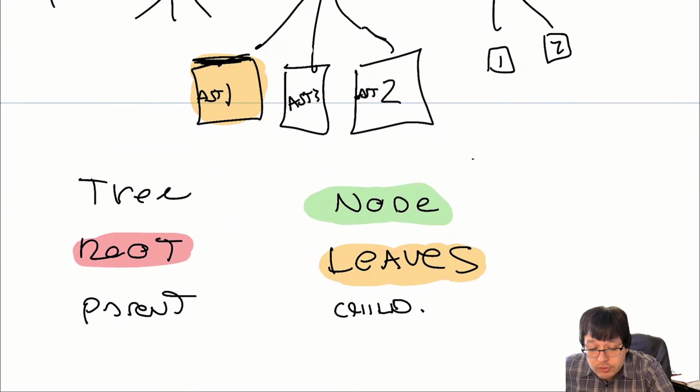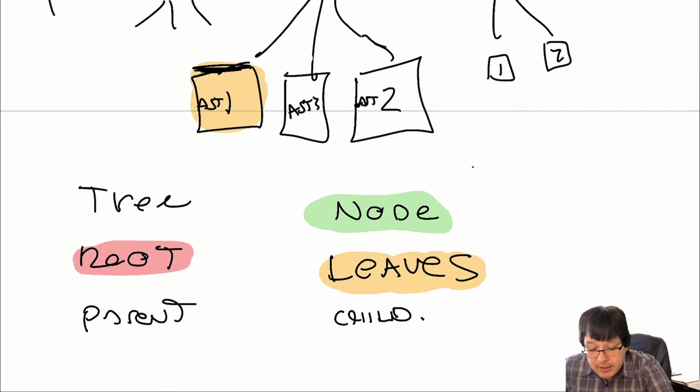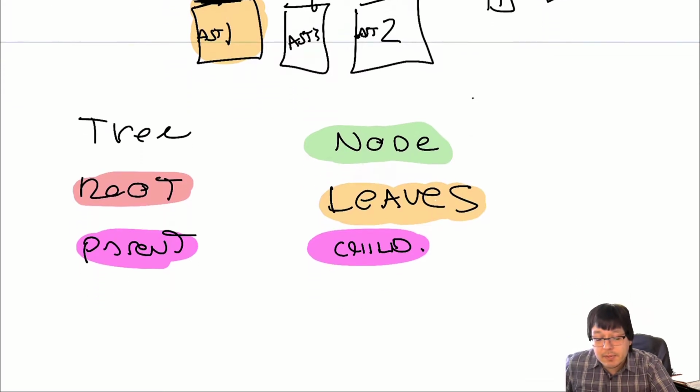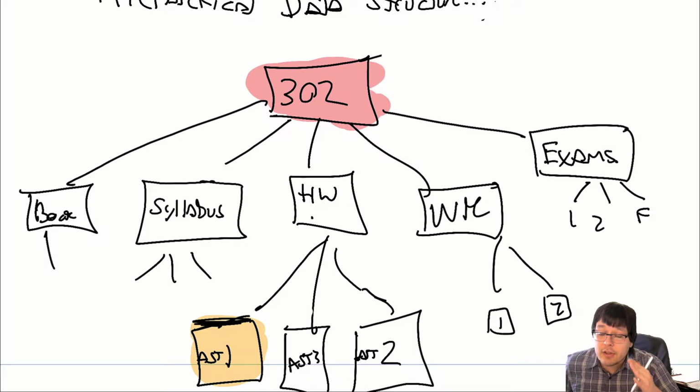So what is a child? A child node is a node that is coming off of another node, essentially, okay? So we have the concept of a parent and a child. A parent node is a node that has children, and a child node is a node that has a parent. Now, I know that's kind of a circular definition, so let me point it out here.